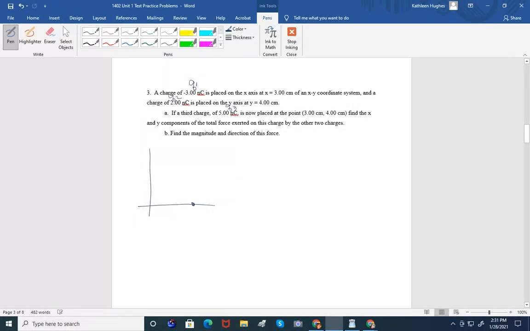So here's Q1. This is 3 centimeters. Q2 is on the y-axis at 4 centimeters. So here's Q2. And our third charge, which I called Q3, is at the point 3, 4. So here's Q3.